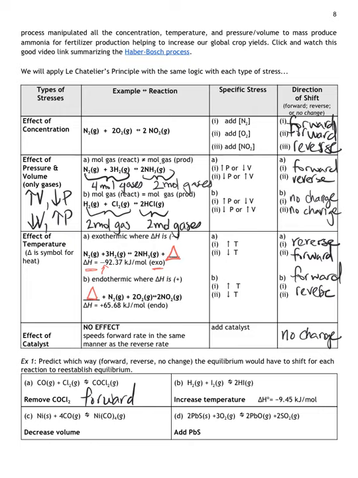B, you increase temperature. So if there's a temperature change, I'm always thinking I have to see if it's endothermic or exothermic. And it looks like it's exothermic because of the negative. The negative means we're dealing with an exothermic reaction. Now, what would happen if I increase the temperature? If I increase the temperature, I want to go and absorb that temperature.